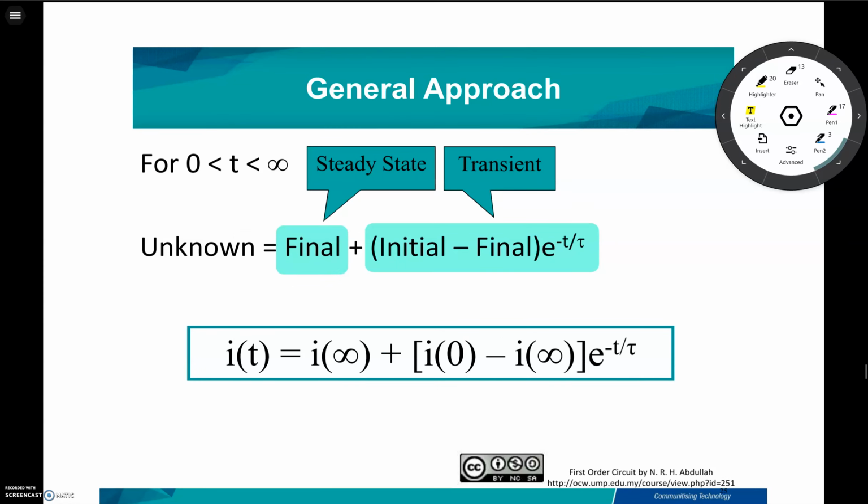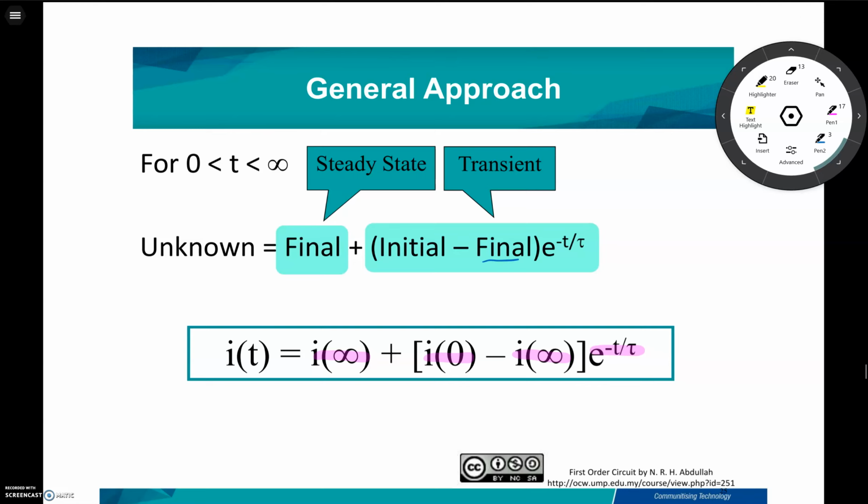At the end, the general approach and the expression for i(t) for the RL circuit is i(t) is equal to I infinity plus (I naught minus I infinity) times e to the power of minus t over tau. This is the steady state, and here is the transient value.